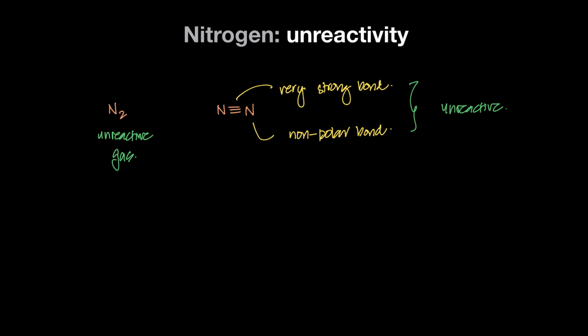Ammonia is the more popular compound of nitrogen that we use. It is considered a Bronsted base. What is a Bronsted base? It is a proton acceptor. How do I know? Literally, this is what it does.